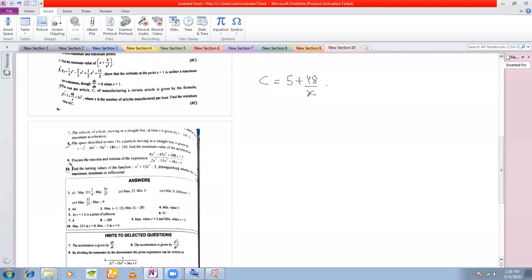This is your number 6 here. The cost per article is given to be C equal to 5 plus 48/x plus 3x square, where x is the number of articles manufactured per hour.